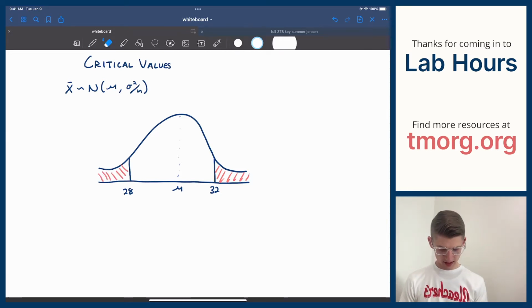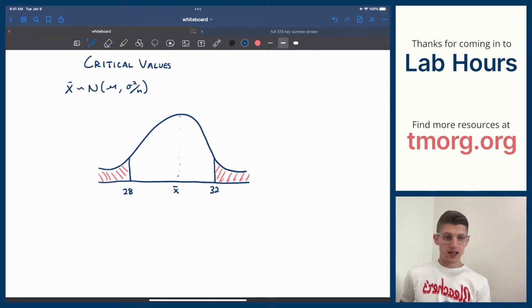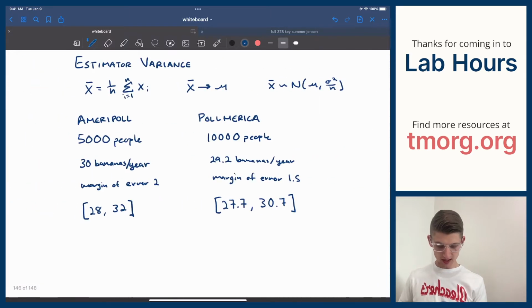And in fact, this would be X bar here, right? Or 30. Now, the really interesting thing that we need to talk about here is how did they get those two numbers? Where did they get 28 and 32 from?